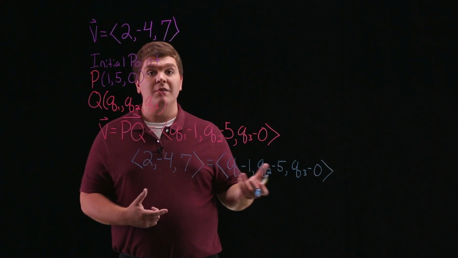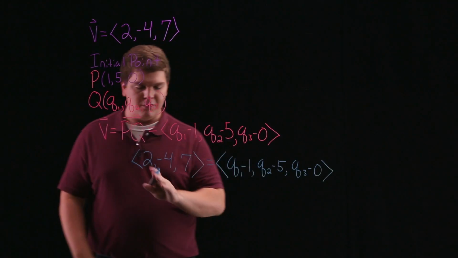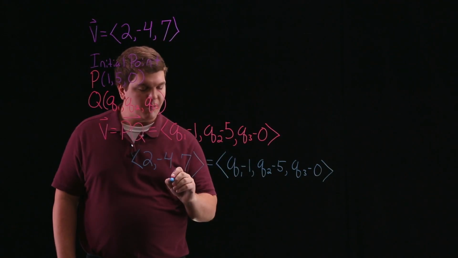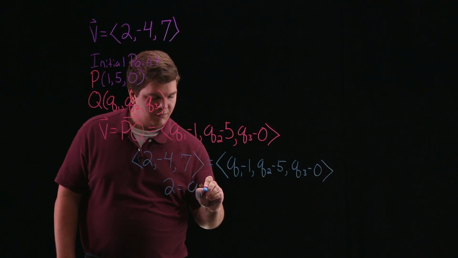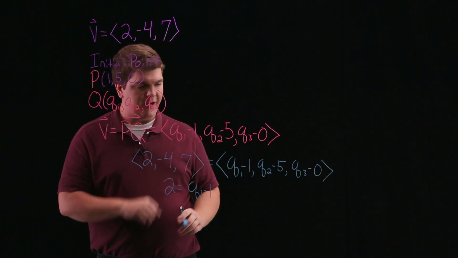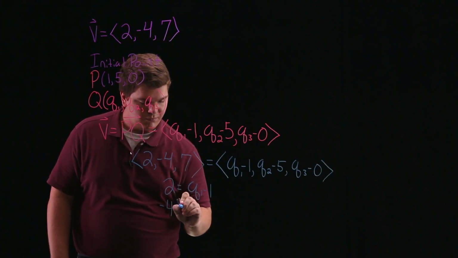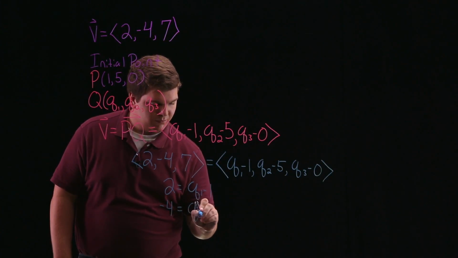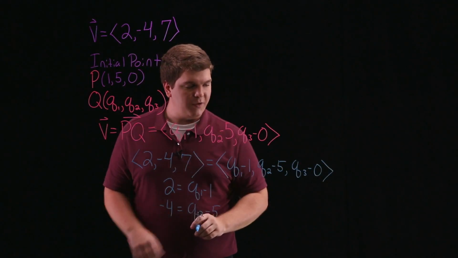So since each of these vectors have to be equal, each of the components also have to be equal. So we'll have 2 is equal to Q1 minus 1. We'll have negative 4 is equal to Q2 minus 5. And we'll have 7 is equal to Q3 minus 0.